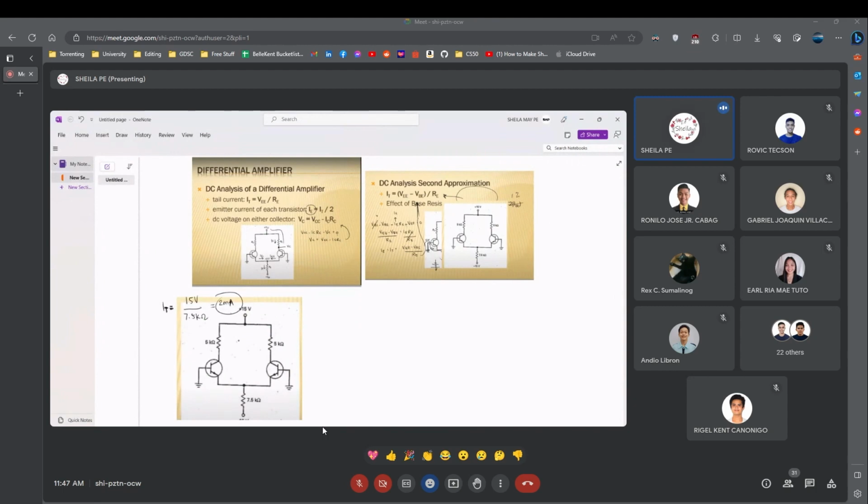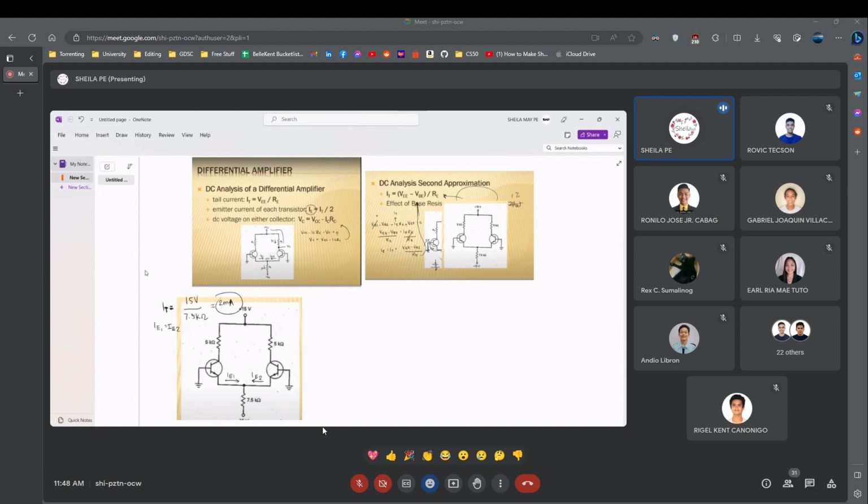Next, we need to find IE. Remember, IE1 and IE2 are equal, because we assumed the amplifier is well designed.